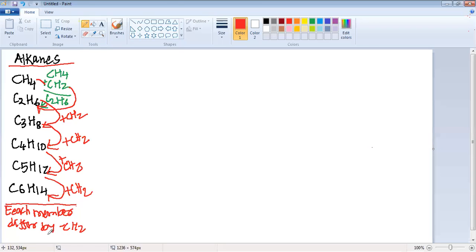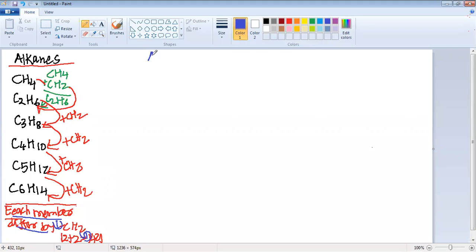CH2 means 12 plus 2, that is 14 U. So we can say that each member differed by one CH2 and second, 14 U. We can easily understand that each member differed by CH2 and 14 U.